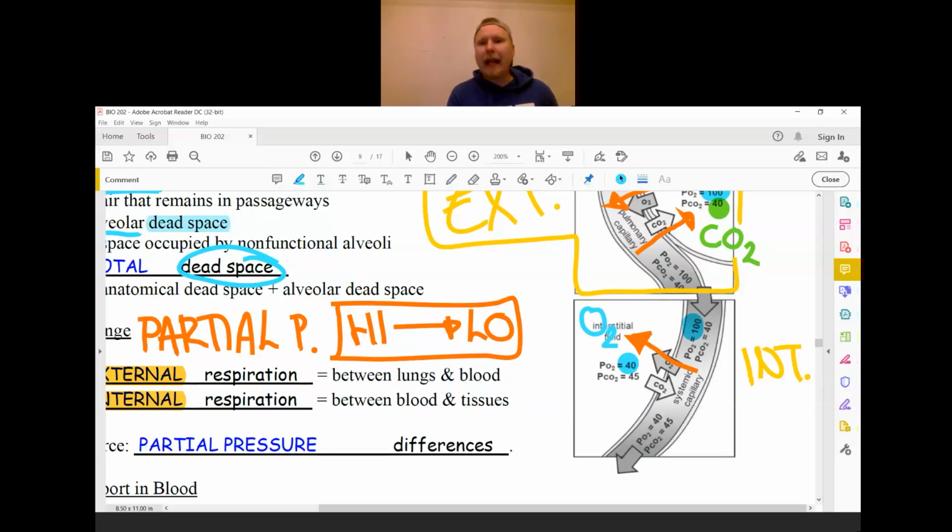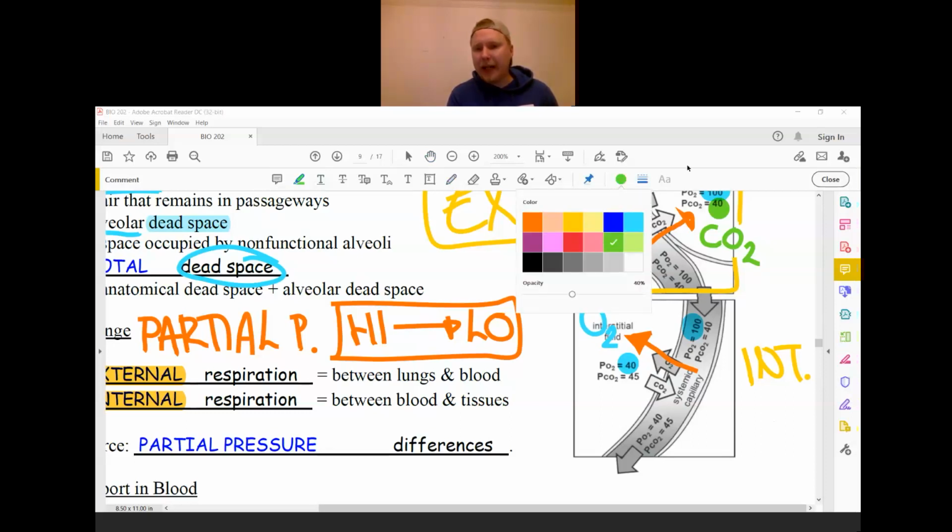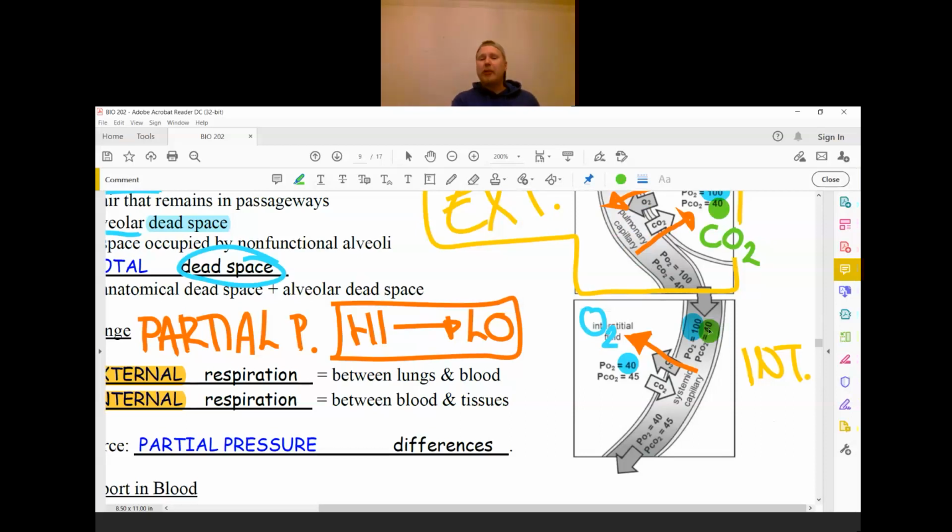Let's have a look at the movement of the carbon dioxide. Carbon dioxide concentration in the blood that arrives to the systemic circulation is going to be about 40 millimeters of mercury, so same as in the air around us, whereas within the tissues, within the interstitial fluid, it's going to be about 45 millimeters of mercury, so higher.